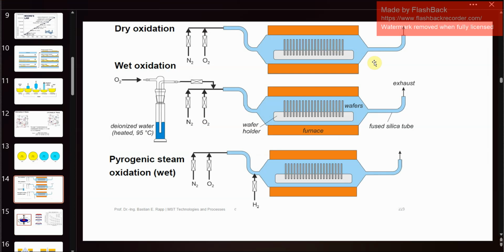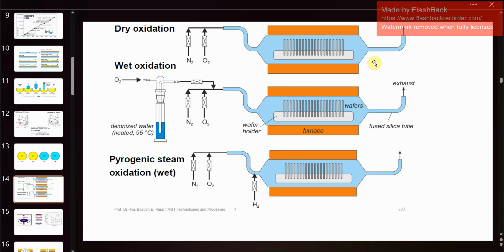Basically it uses nitrogen and oxygen. In dry oxidation, only air is responsible for carrying out the entire process. In wet oxidation, steam is used as a catalyst. From this you can find that dry oxidation is a lot slower compared to wet oxidation.